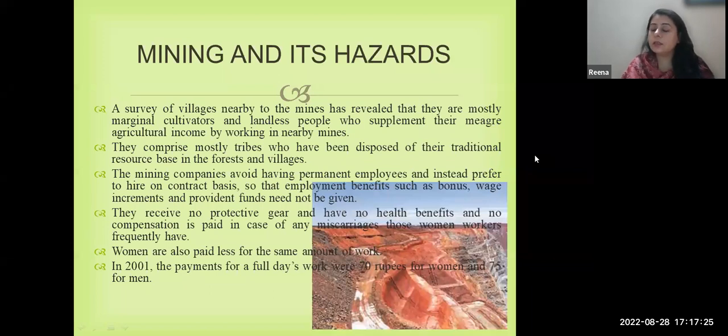Their lung capacity, their breathing capacity comes down, and even their lifespan is compromised by working in these mines for longer periods. Many times they receive no protective gear, and none of the health benefits which are ensured by these large scale mining companies.